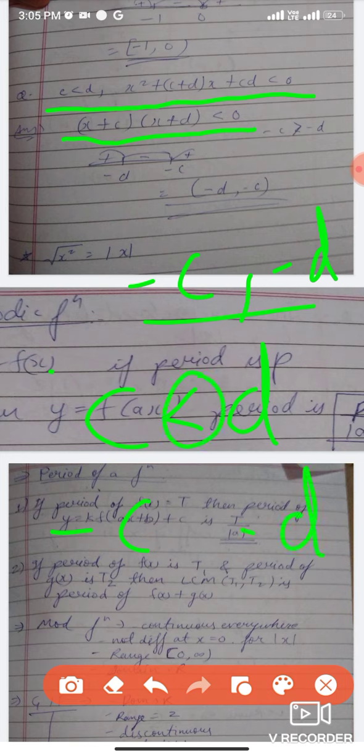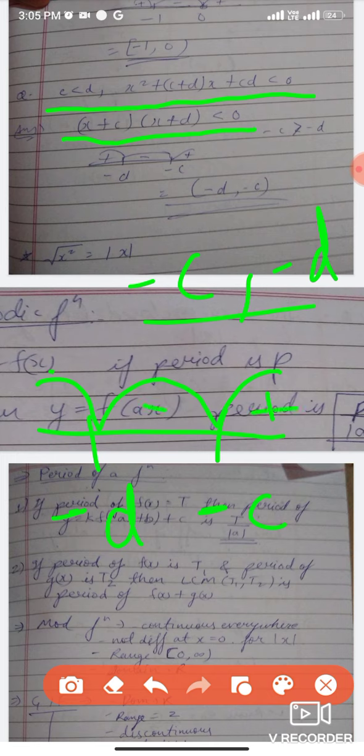The sign will reverse, as we had done in the first question. And here you can easily see that the value of minus d is less than the value of minus c. So in the number line, how will you denote it? On the left hand side minus d, then on the right minus c, because minus c is greater than minus d.